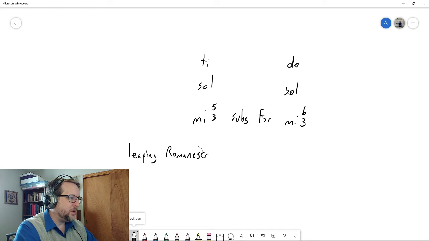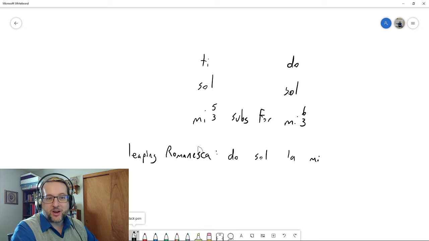Leaping Romanesca, which is to say, Do, Sol, La, Mi. The Pachelbel canon. If you want to have a blast, go look up Pachelbel Rant on YouTube and be amazed at how many songs you know have this leaping Romanesca chord progression in it. And they're all 5/3s.